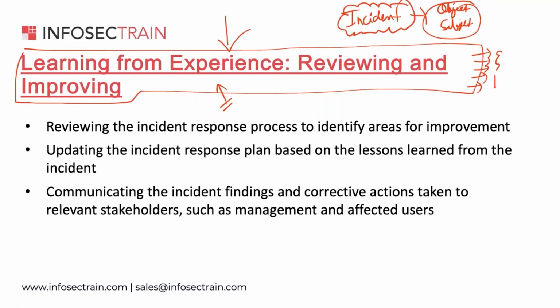Then you will update the incident response plan based on the lessons learned, and communicate the incident findings and corrective actions to the relevant stakeholders such as management and affected users. You will tell them what needs to be done. So again, if anything happens, we can learn from our mistakes, and even learn from others' mistakes.